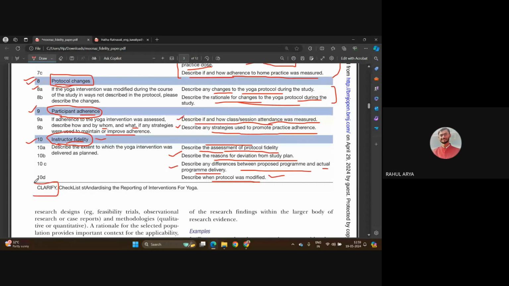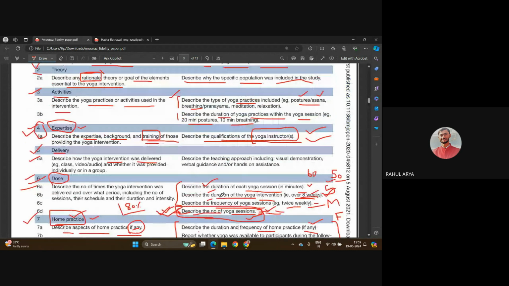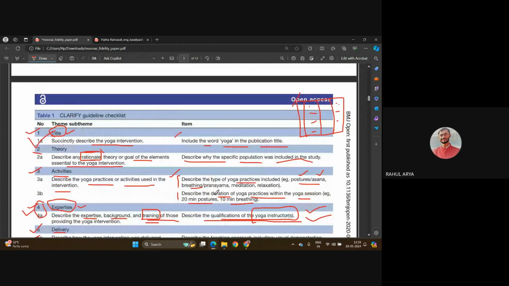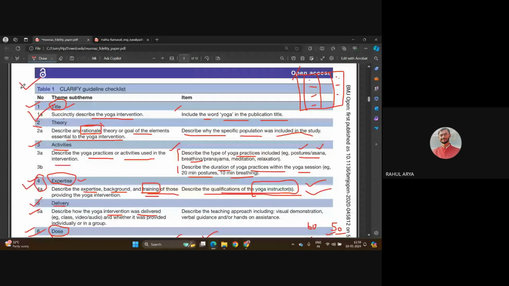Excellent. It is the CLARIFY checklist, fidelity checklist also we say it is. Checklist standardizing the reporting of interventions for yoga studies. So you are doing research in the yoga field. That's why this checklist is very, very important.